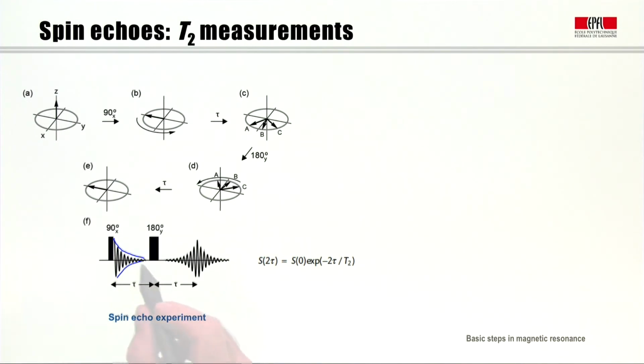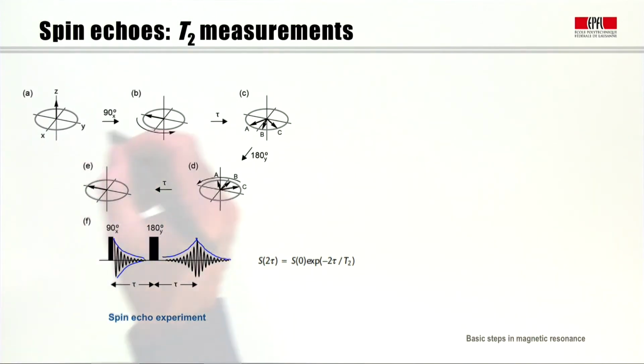And it turns out that this decay, the inhomogeneous decay, can be reversed, and in fact this reversal leads to an increase of a signal, the formation of an echo, followed by the natural decay of the signal again due to inhomogeneous distribution.